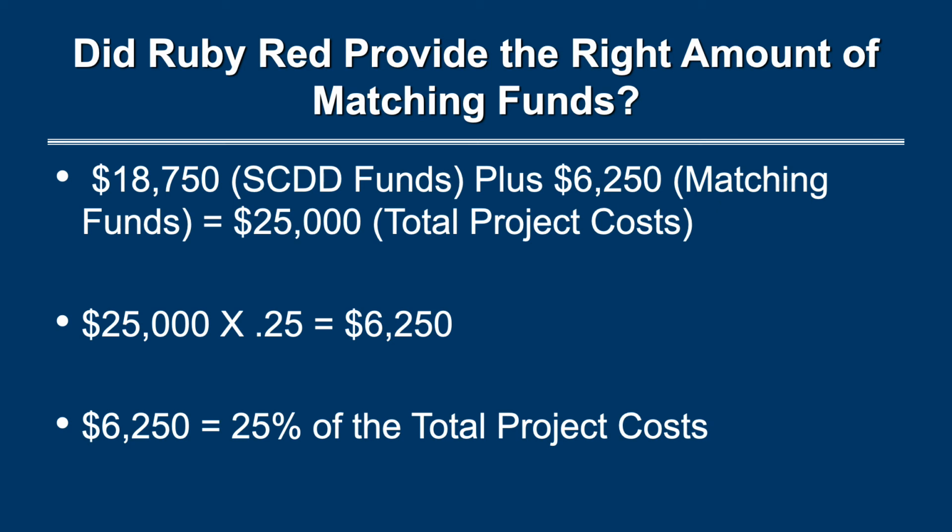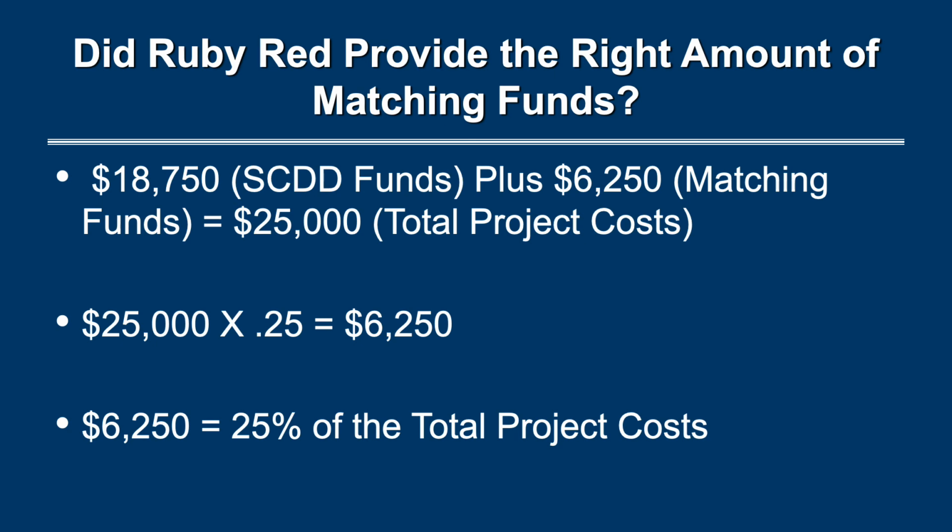Ruby Red requested $18,750 of SCDD funds and contributed $6,250 of matching funds. $18,750 plus $6,250 equals a total project cost of $25,000.